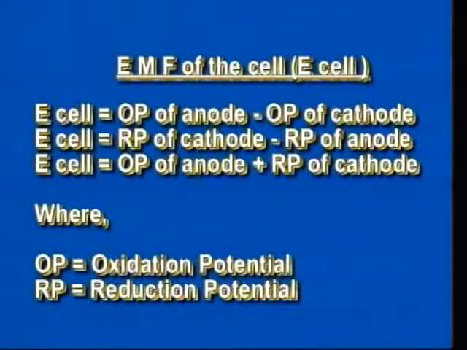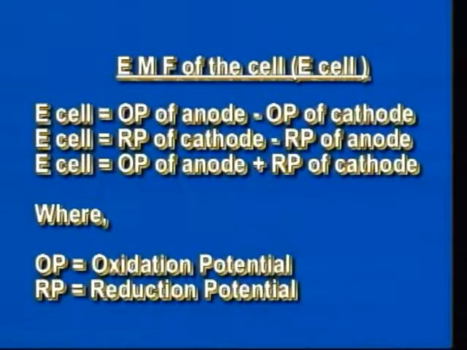The EMF of a galvanic cell, abbreviated as E cell, can also be calculated by the following equation: E cell is equal to oxidation potential of anode minus oxidation potential of cathode. The second equation: E cell is equal to reduction potential of cathode minus reduction potential of anode.